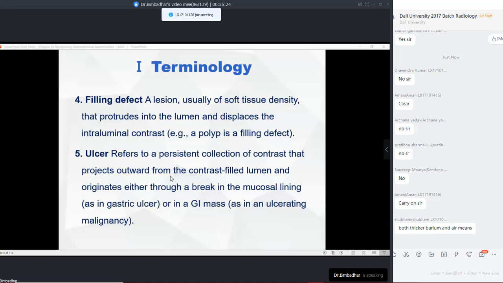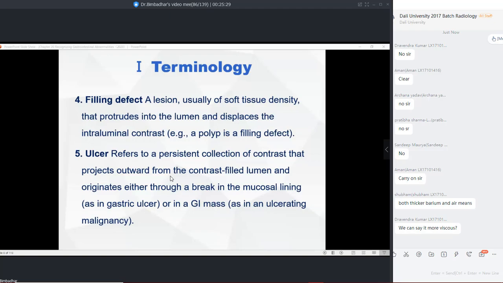You get it? Generally, we can almost say it is viscosity too. Thicker barium is about the consistency, the concentration of the study.